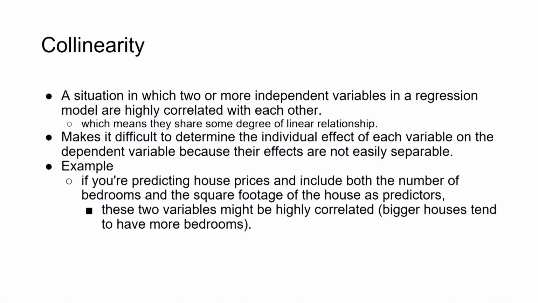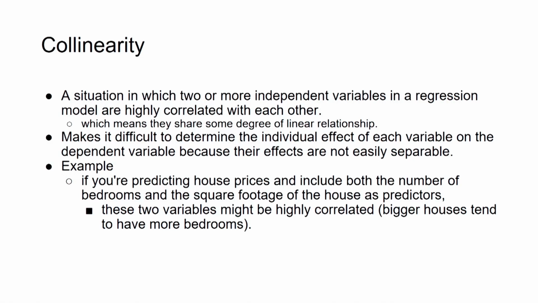Collinearity we have already seen: it is a situation in which two or more independent variables are correlated or highly correlated with each other. It means they share some degree of linear relationship, and if we take all these variables in our model, your prediction may be wrong. Why?